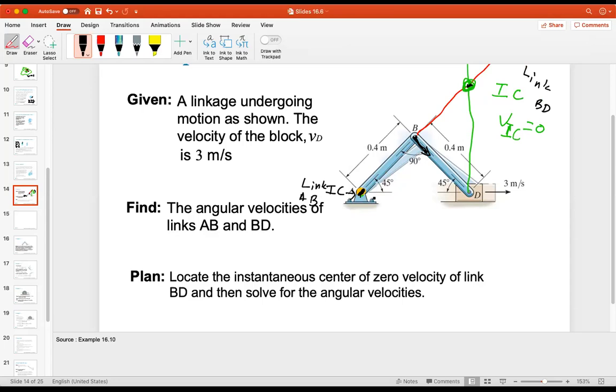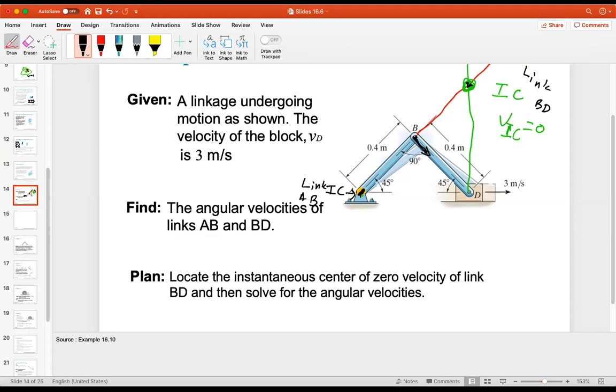All right, so take a second and pause the video and try to figure this out. First, I would do the geometry to figure out where this point actually is.